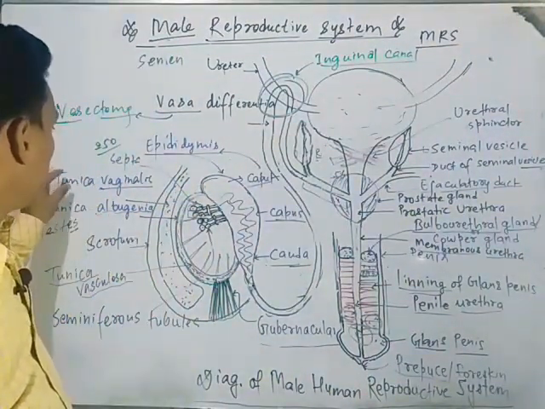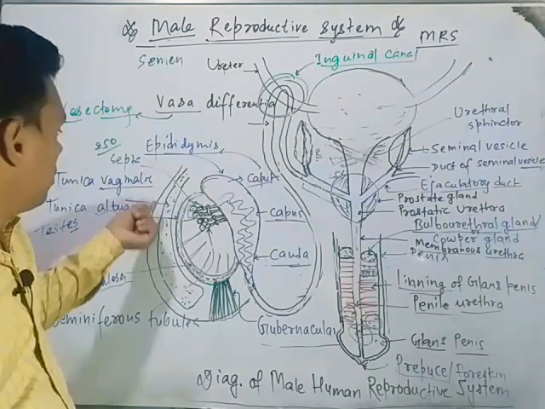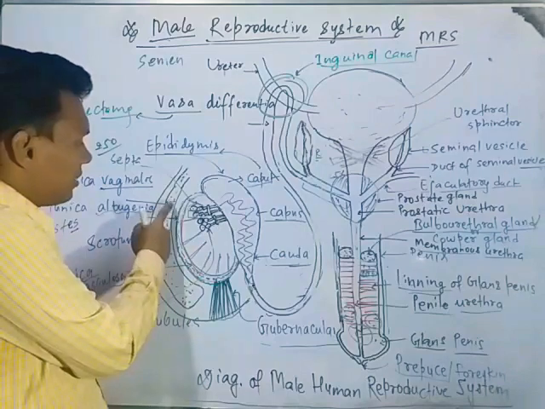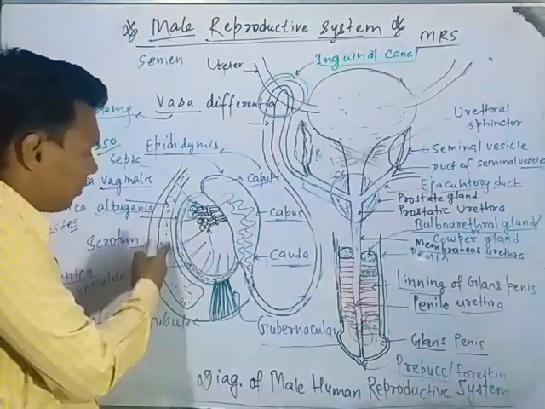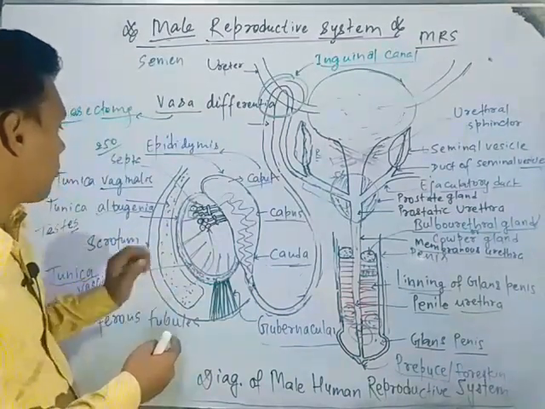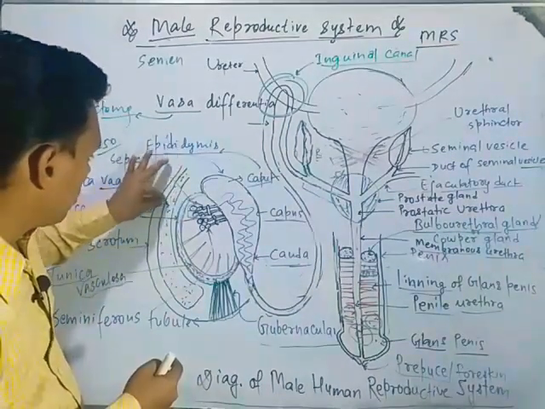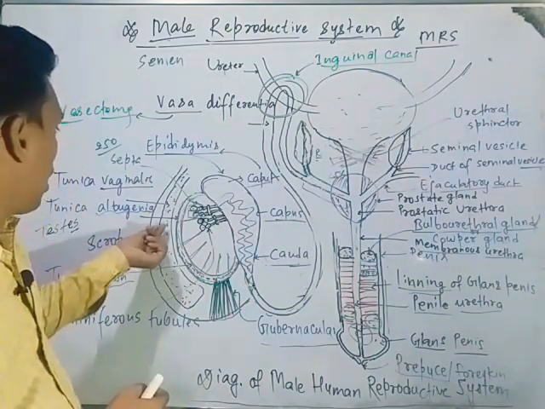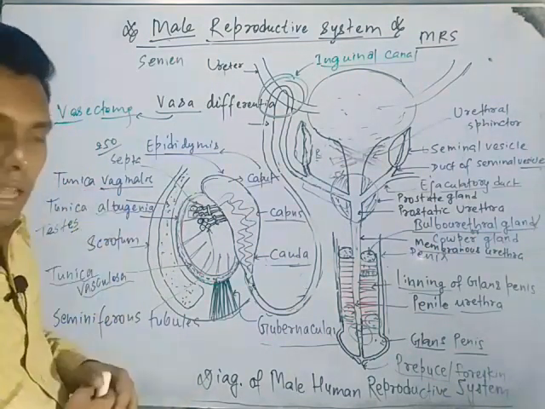Now the tunica vaginalis is of mesodermal origin. The inner part is called visceral mesoderm and the outer part is called somatic mesoderm, and both together are known as the tunica vaginalis.